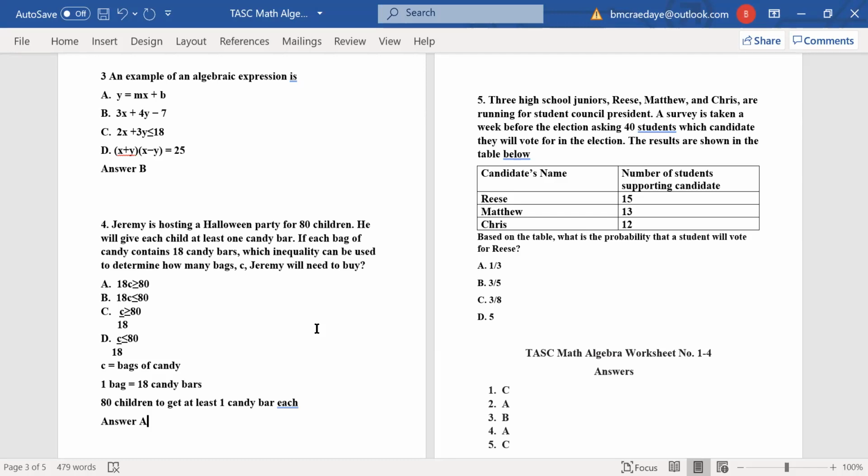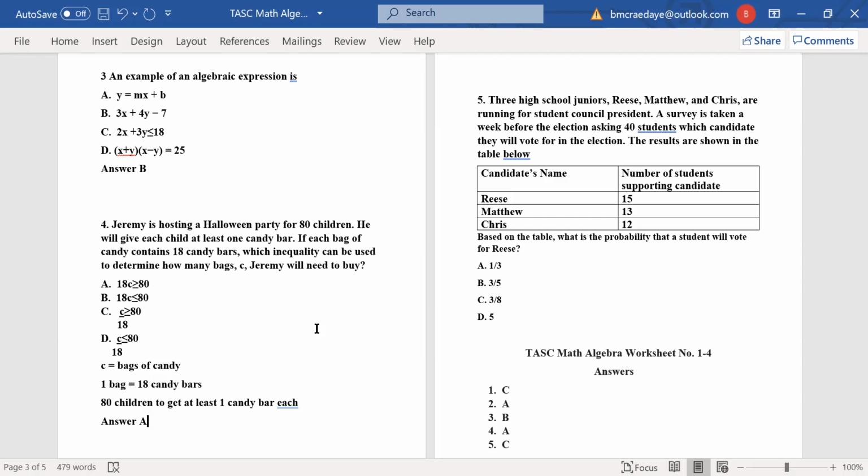And 18 times 5 is 90, which is greater than or equal to 80. It's actually greater than. Any questions on using inequalities in algebra? This is an algebra problem using inequalities. Answer A.